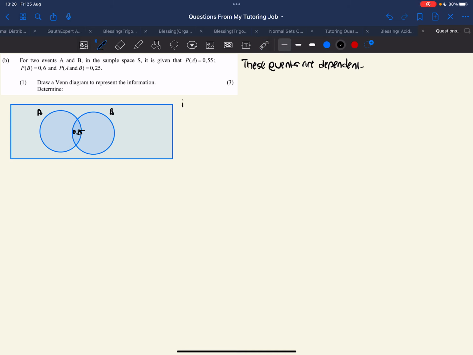Now remember, we have P(A) given as 0.55. I need the probability of A only, and for that it will be 0.55 minus 0.25, which is 0.3.